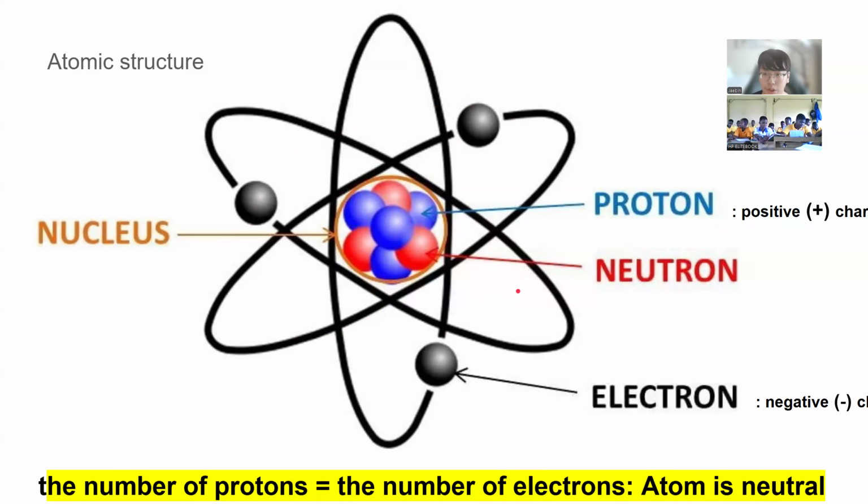We're reviewing the structure of an atom. And remember how protons are positive and electrons are negative. That is why electrons can orbit around the nucleus, because they have opposite charges and they attract each other. And neutrons, they don't have any charges.